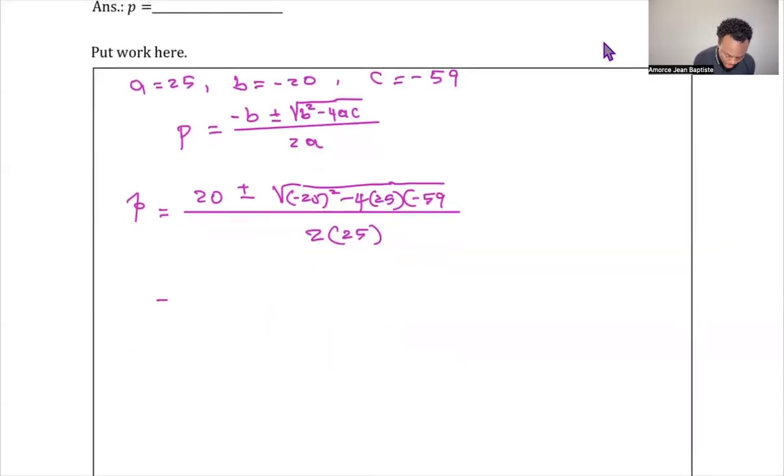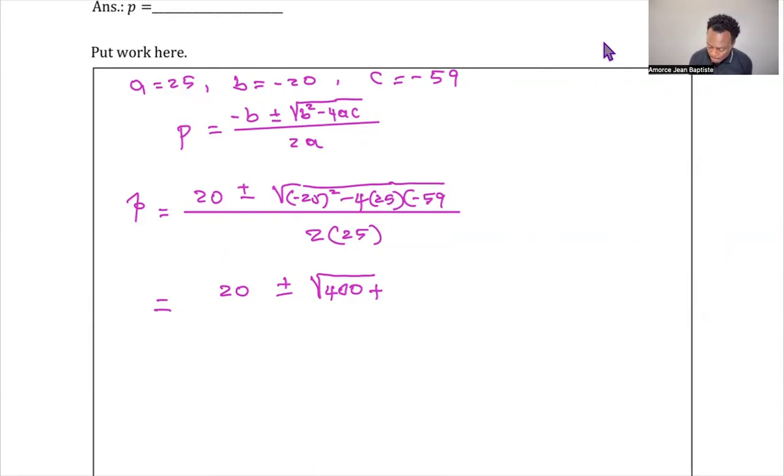So the value of p will be 20 plus or minus the square root of, negative 20 squared is positive 400. Then it's going to be plus because I have a minus sign for the negative 4 and also a minus sign with the negative 59, so I end up with a positive sign.